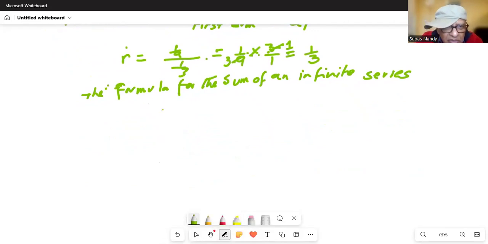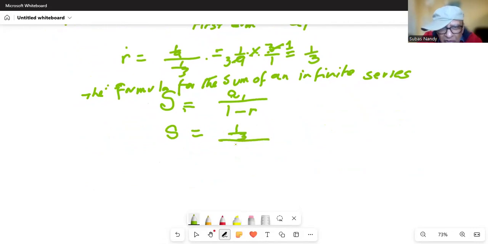S is equal to A1 divided by 1 minus the common ratio. So in our case, S is equal to my A1, remember, is 1/3, divided by 1 minus the common ratio, which is 1/3.